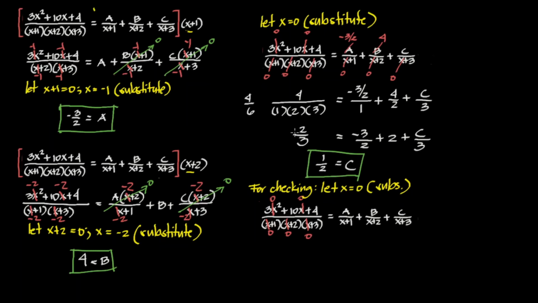Pero kung satisfied na, pwede naman. Pero just to show na tama yung sagot natin. So, replace natin 0, 0, 0, and yung known natin na values ni A, B, and C. So, we have negative 3 over 2. Ito is 4. Ito is 1/2. So, let's put a question mark. Kasi di pa natin alam kung equal ba yung both sides.